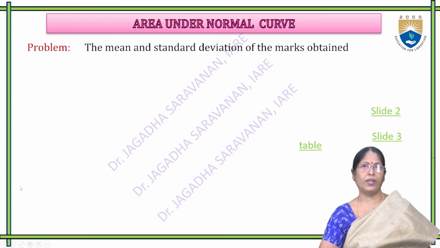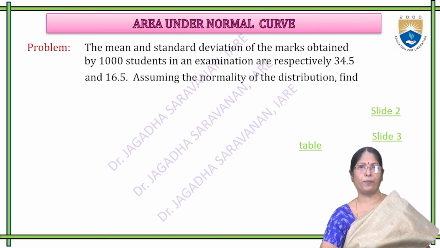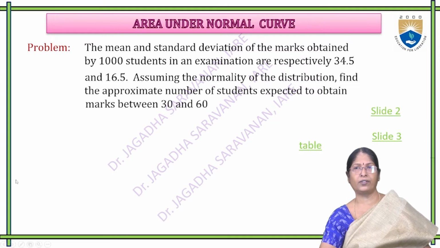The second problem is: the mean and standard deviation of the marks obtained by 1000 students in an examination are respectively 34.5 and 16.5. Assuming the normality of the distribution, find the approximate number of students expected to obtain marks between 30 and 60.